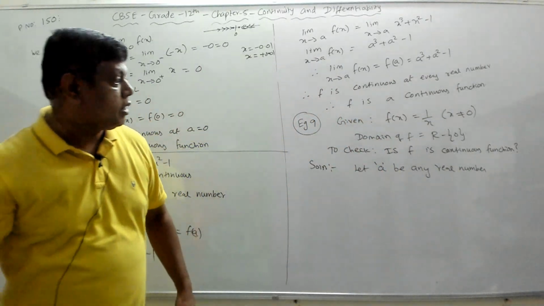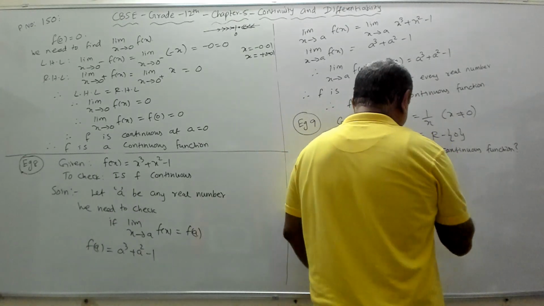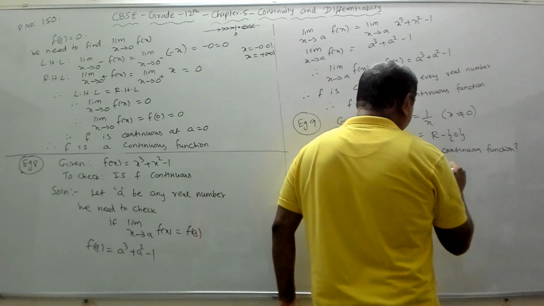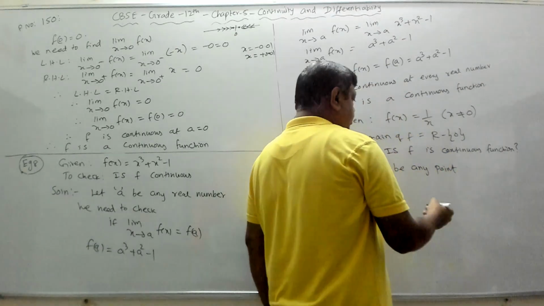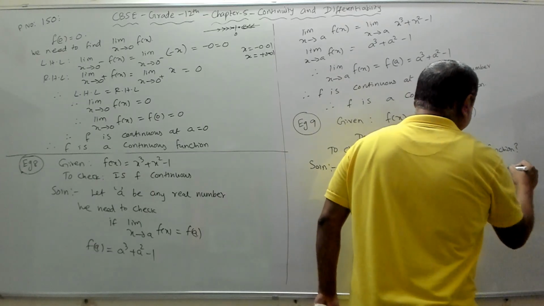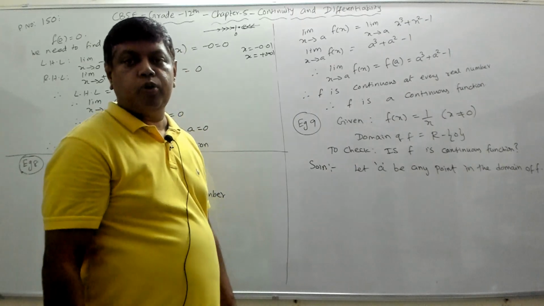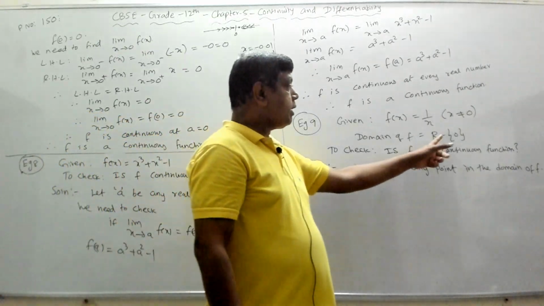We should say let a be any real number except 0, because it is not equal to 0. Or we can say let a be any point, meaning any number, in the domain of f. Let a be any point in the domain of f, which means a is any real number except 0.